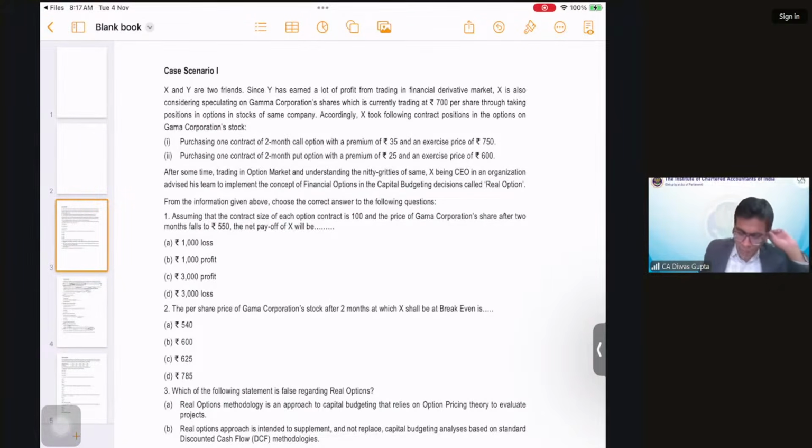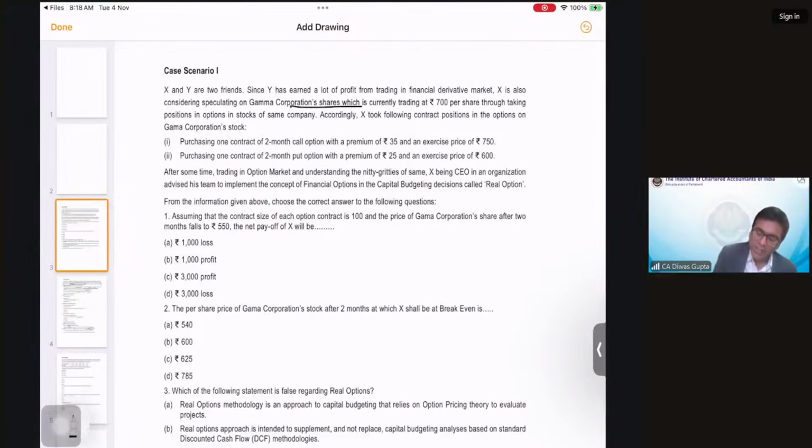X and Y are two friends. Since Y has earned a lot of profit from trading in financial derivatives market, X is also considering speculating on Gamma Corporation's shares, which is currently trading at 700 per share, through taking positions in the options in the stock of the same company.